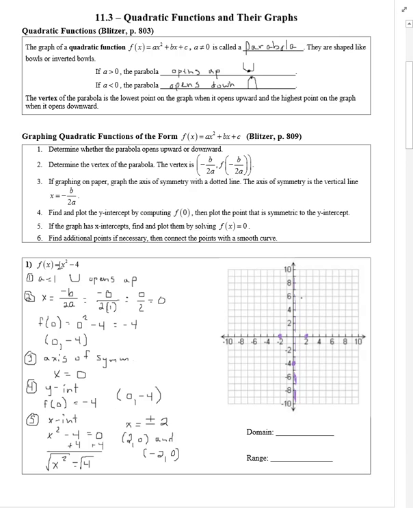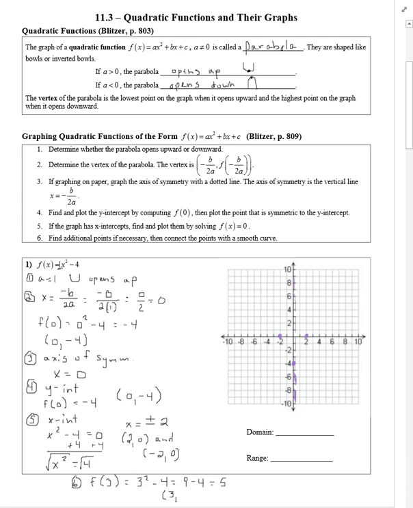So if we wanted to do another point, we could just plug in another value for x. So for another point, let's say I could do f of 3. And I would get 3 squared minus 4, which is 9 minus 4, or 5.